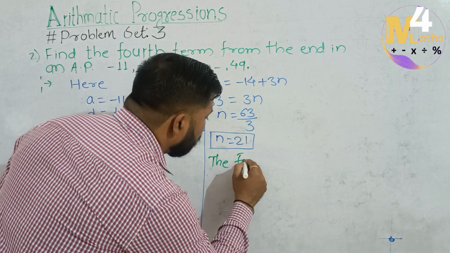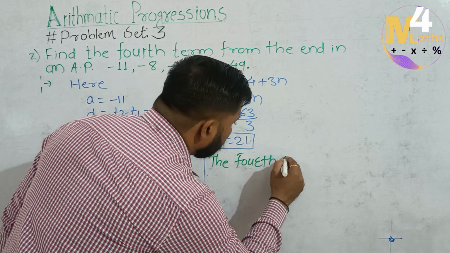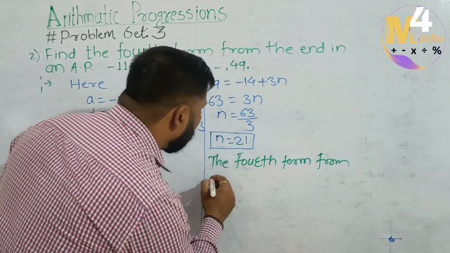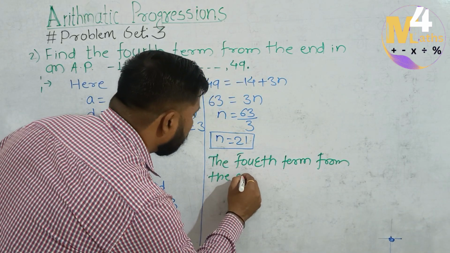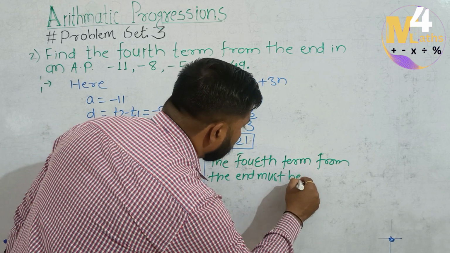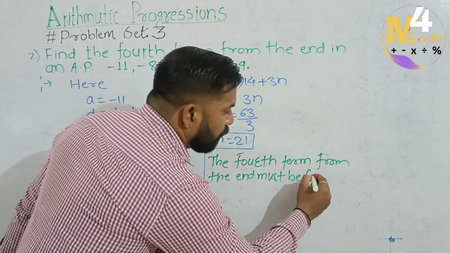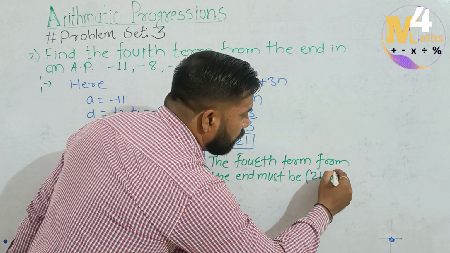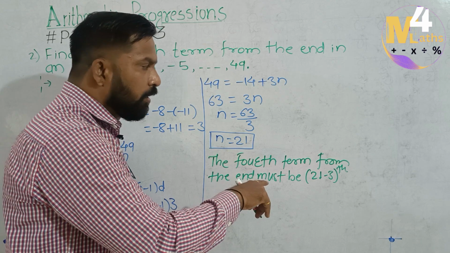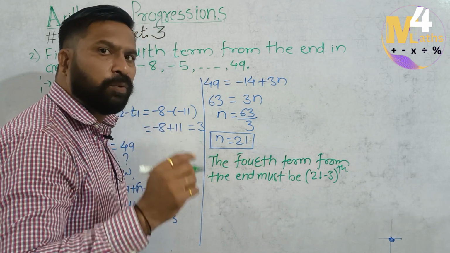The fourth term from the end must be 21 minus 3, 21 total minus 3, because you want to find the fourth one.